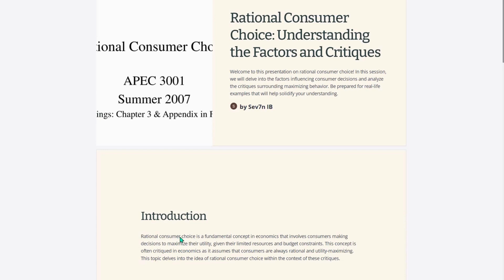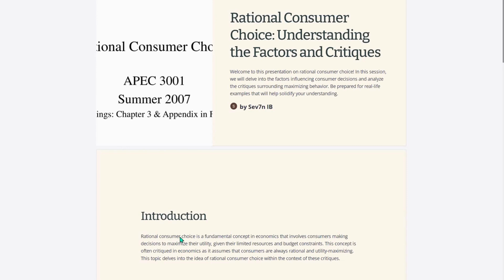Now, this concept is often criticized by critics because consumers are influenced by so many biases and so many factors around them. This is what we are going to study in this chapter. I don't want you to memorize this, but understand that any rational consumer is bound by choices.